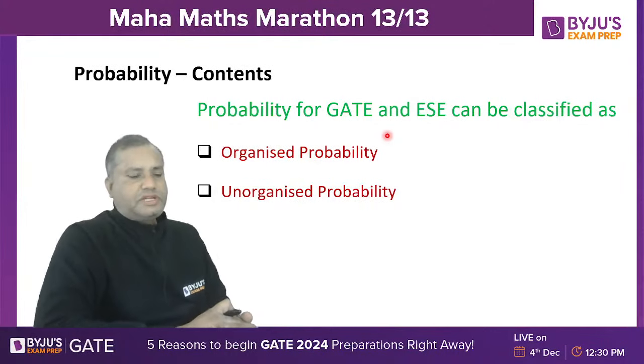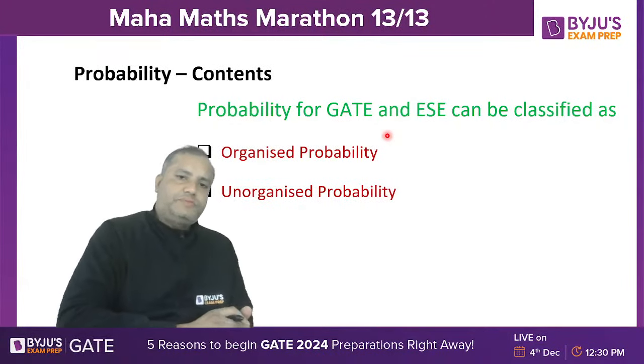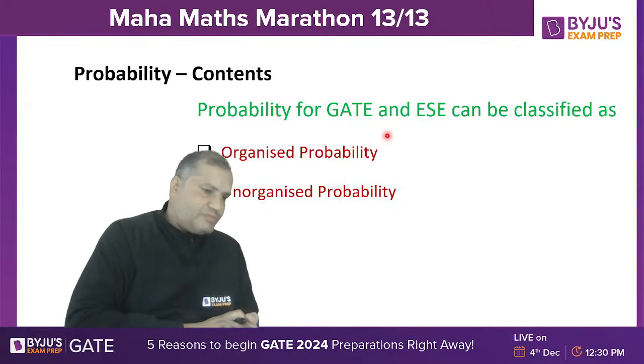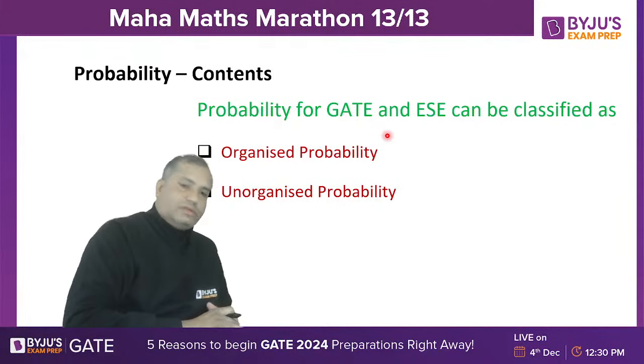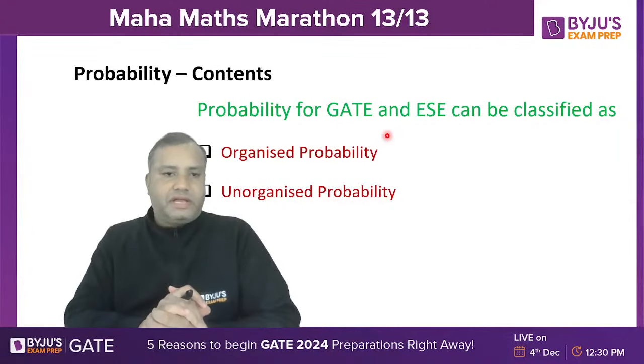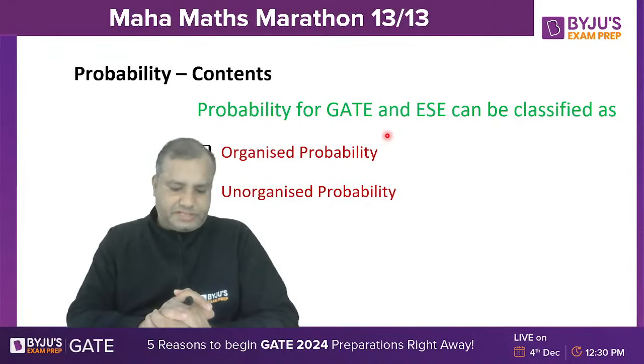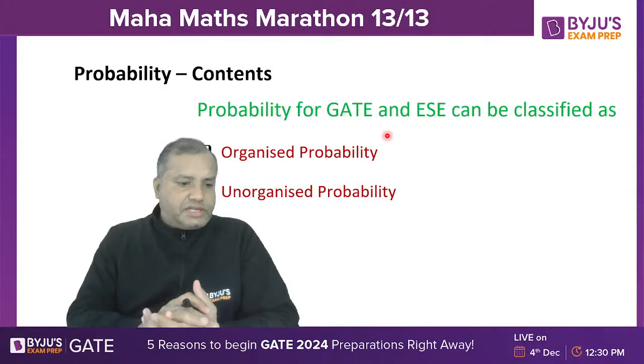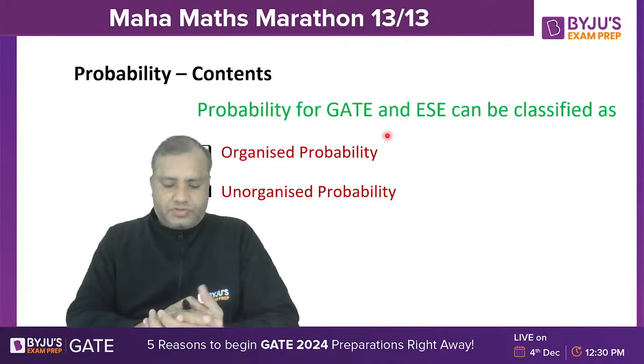So this is the thought that came into my mind when I used to teach probability in my earlier days, almost 18 years back, on how to make this chapter easier for the GATE aspirants, for engineering semester students as well as for GATE students.